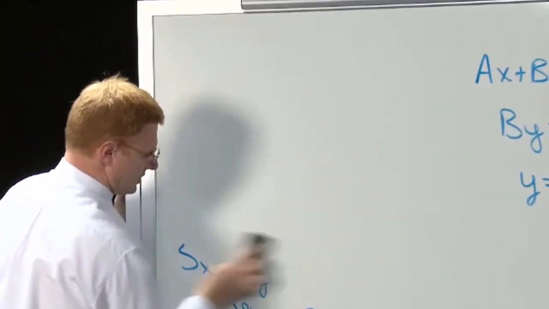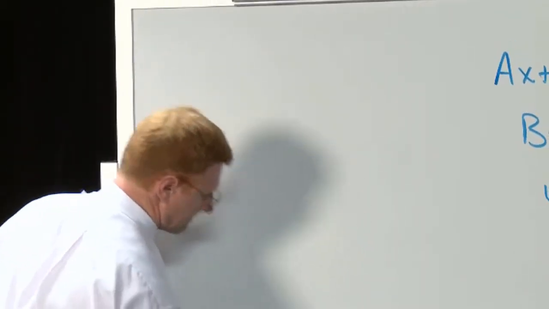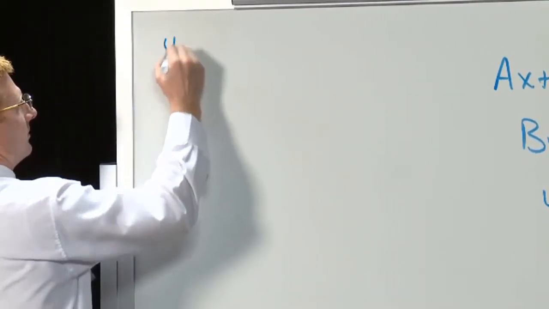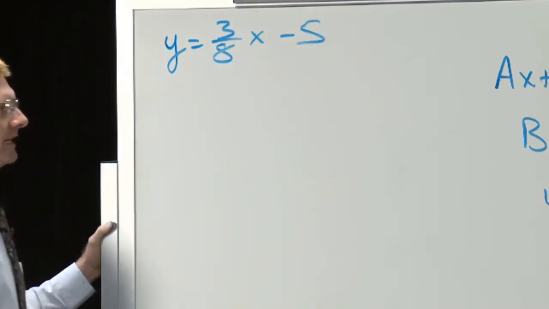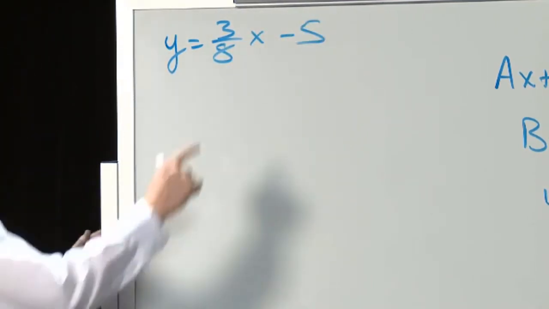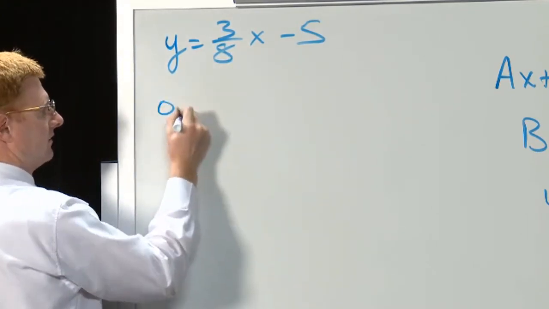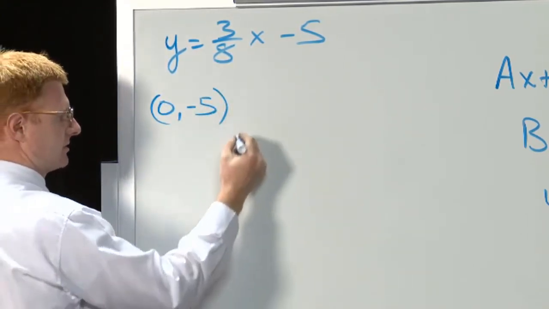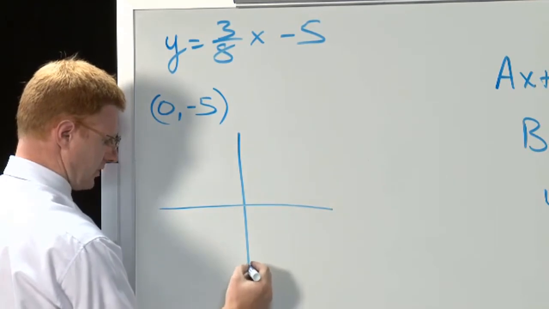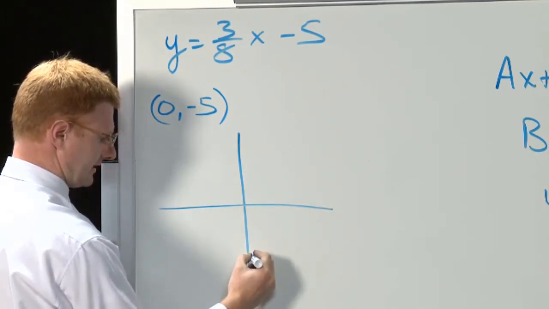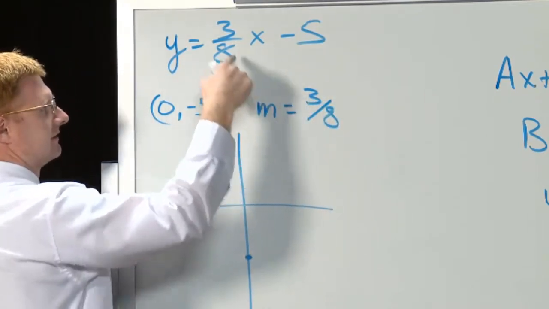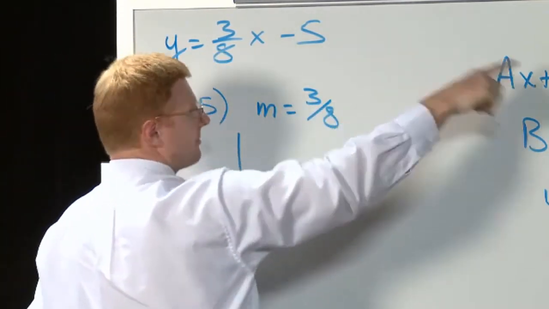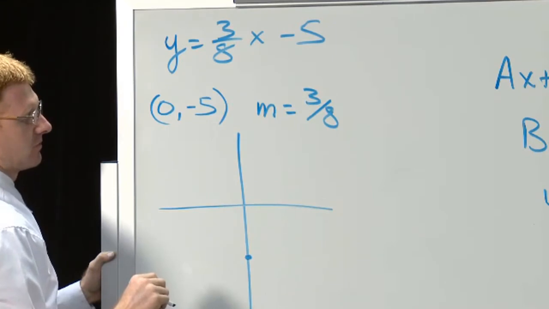Now that we've got that. So, right here, we know a really easy point. If we stick 0 in right there, we have -5 as an intercept. That's automatically one point that's really, really easy to get. Now, we also know that the slope is 3/8. So on that top one, the slope is right in front of the x because the y is by itself.